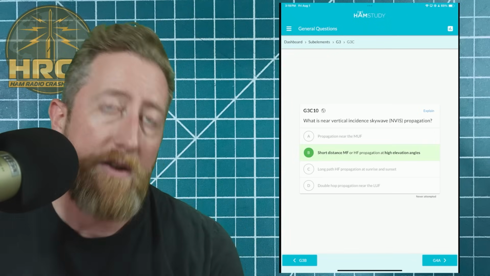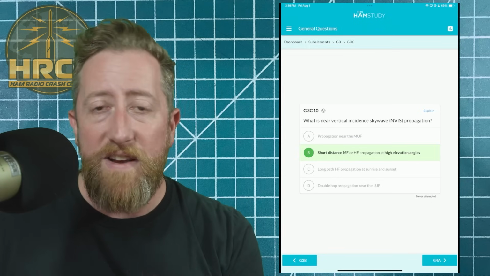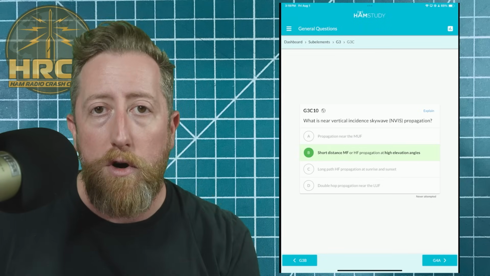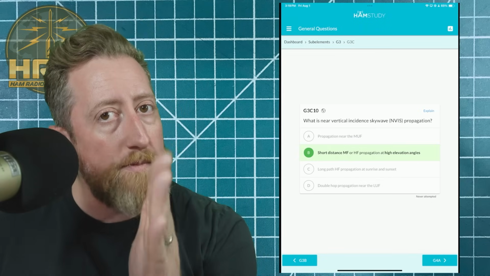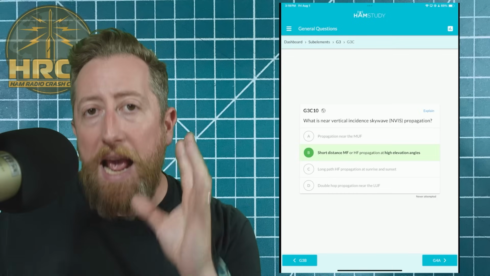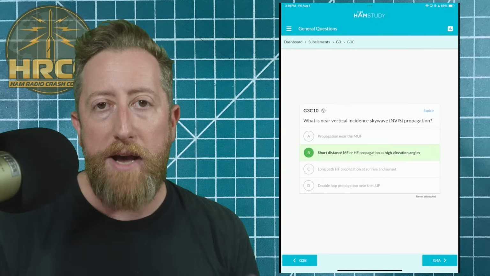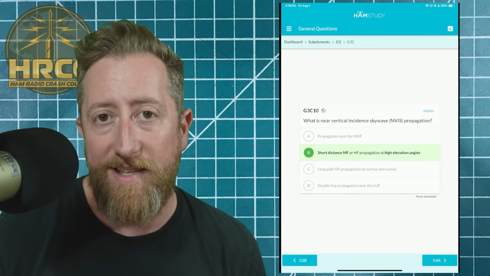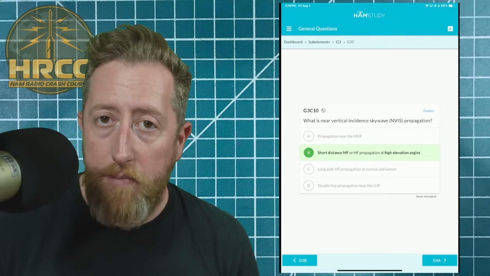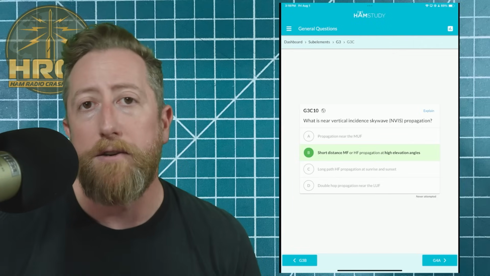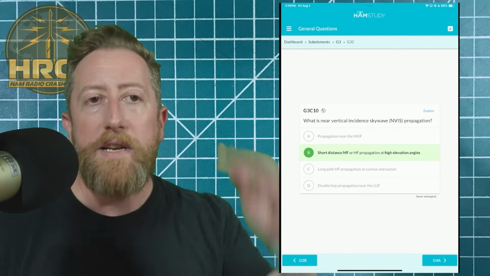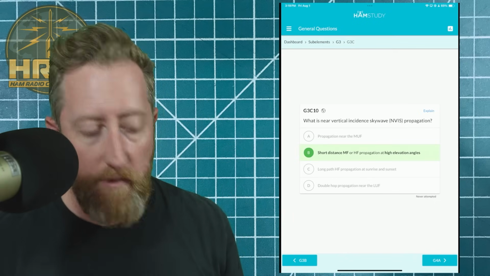The issue here is that really NVIS is primarily workable from the 40 meter band and down. So 80, 160, those bands are going to be better for you for near vertical incidence skywave. You will not be able to do that with like 20 meters or definitely not 10 meters. So you need to aim for the lower frequencies to be able to make that work.